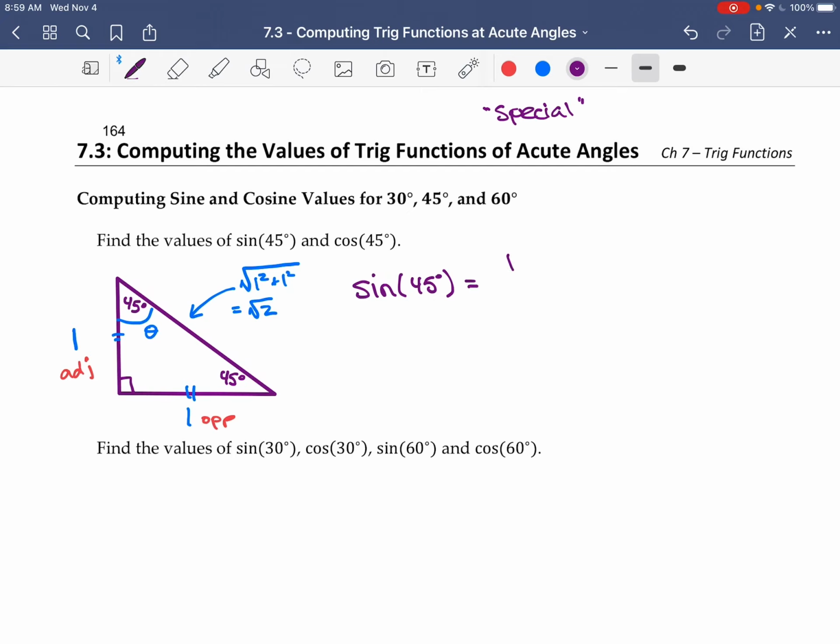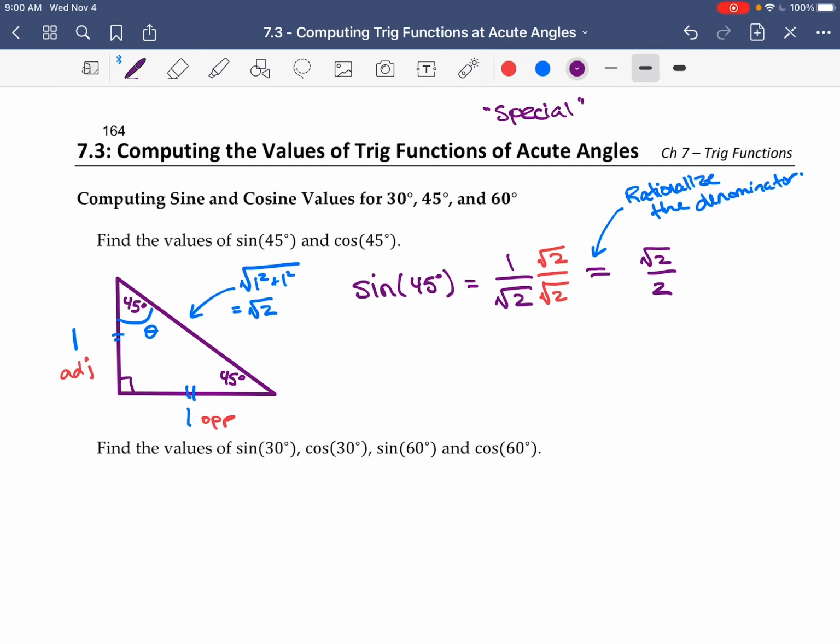So it's going to be 1 over root 2. So the side length 1 over the hypotenuse length. And then some people like to write it with a rationalized denominator. So if I multiply by root 2 over root 2, this is equivalent to root 2 over 2. So this step here is to rationalize the denominator.